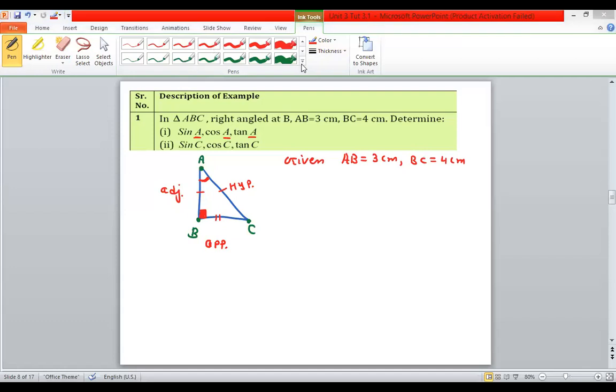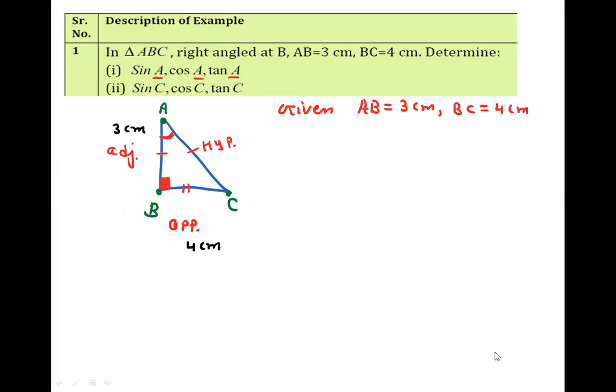So let me put here the values. The length of AB is 3 centimeter. The BC is also given. It's 4 centimeter. And they ask you to find the sine A, cos A, and tan A.